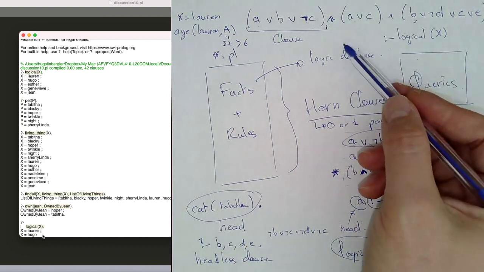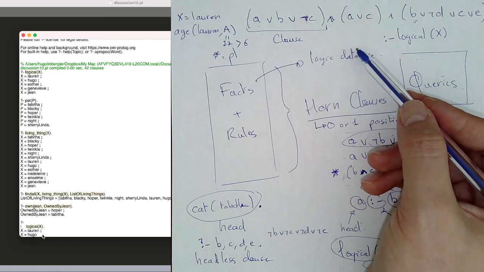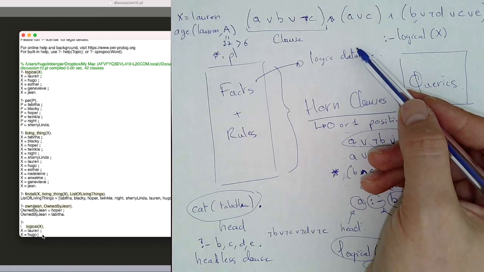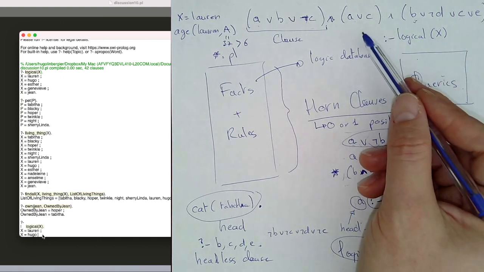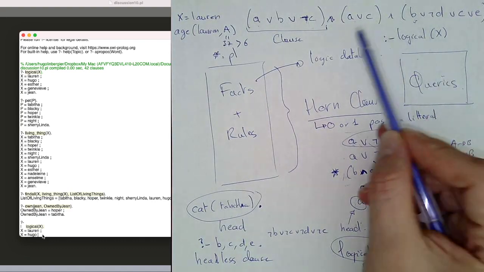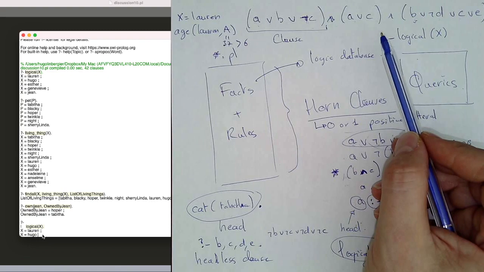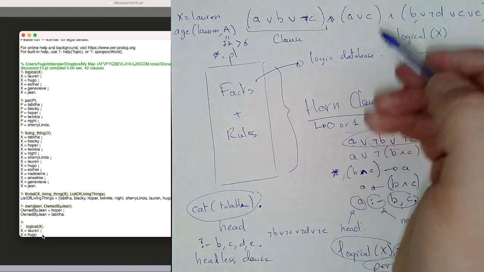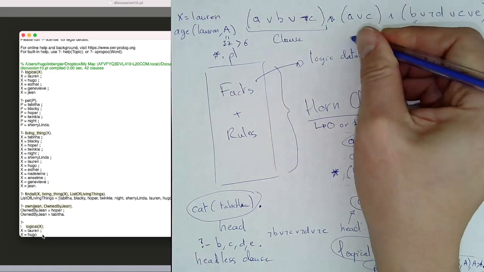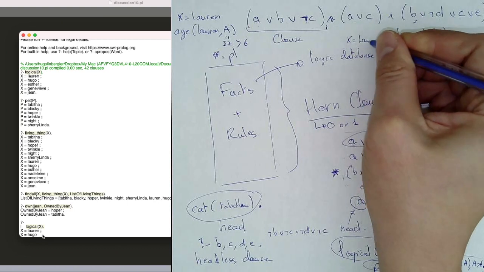And we can now, in some sense, ask Prolog to find the head to this headless clause, right? So logical X is true if X equals Lauren.